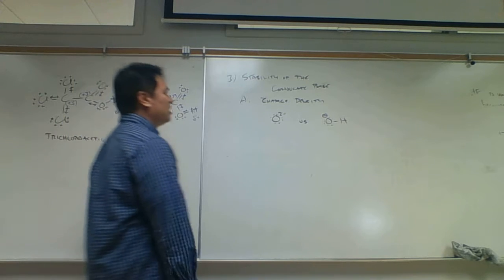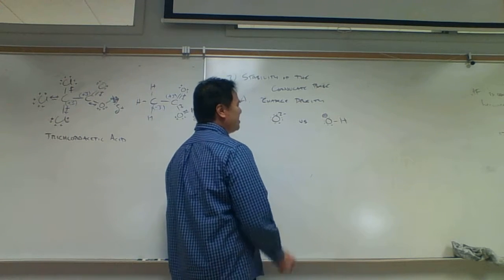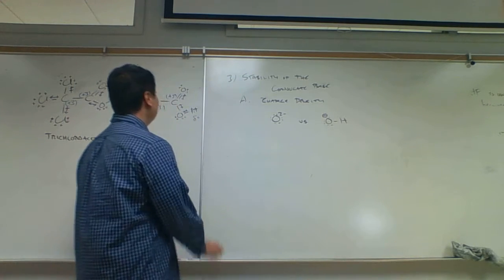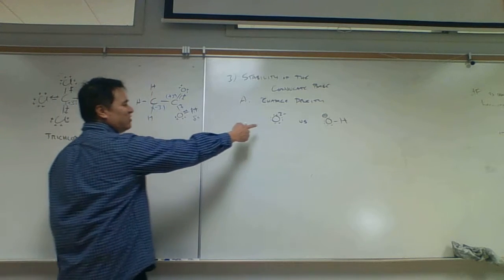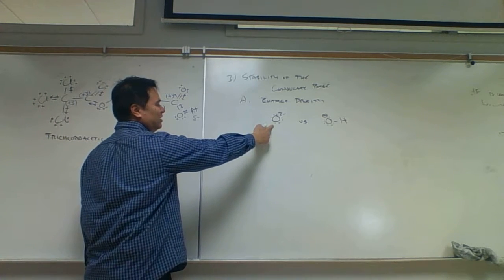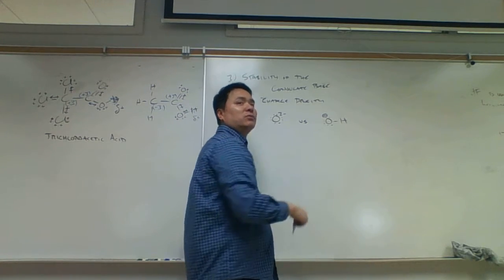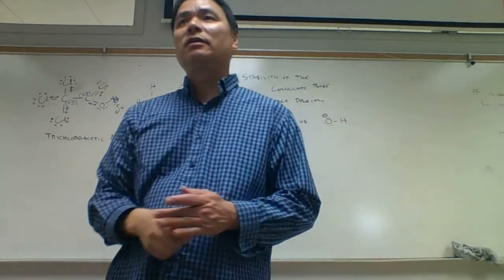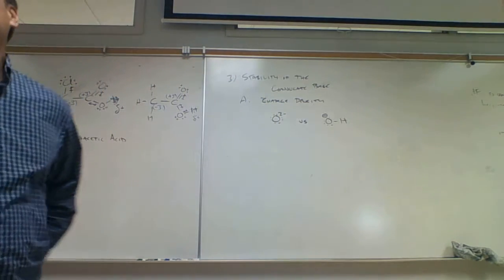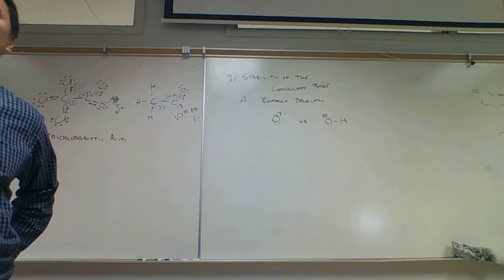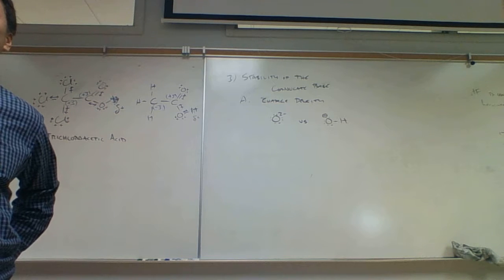Well, which one's a stronger base? Well, a base attacks what? Well, a base is red because of negative charge density. Which of these two would be more red? Oxide or hydroxide? And why?